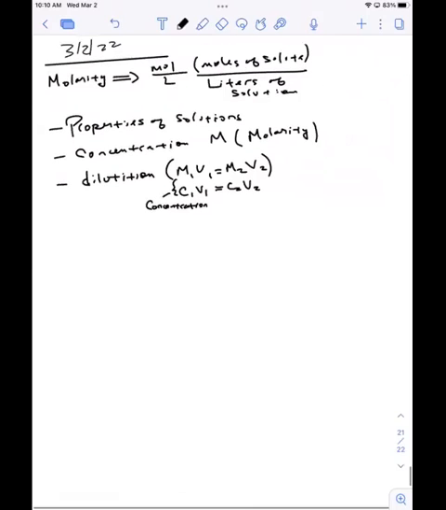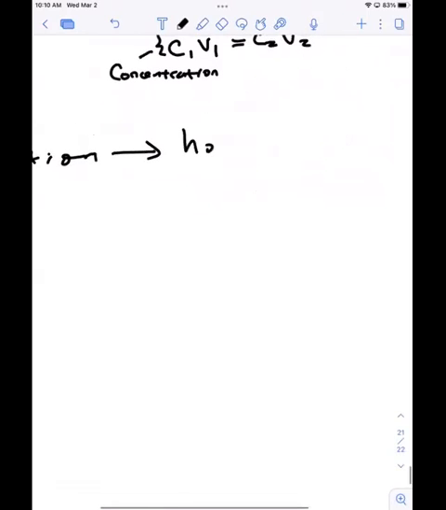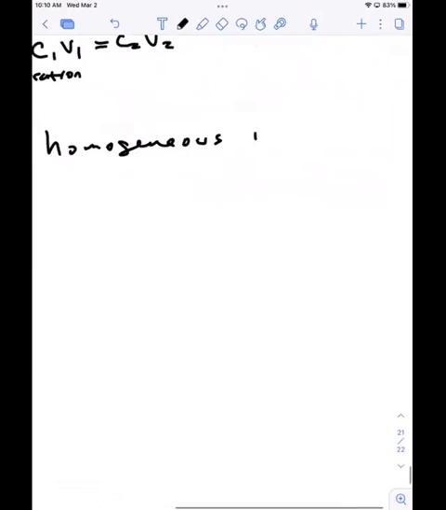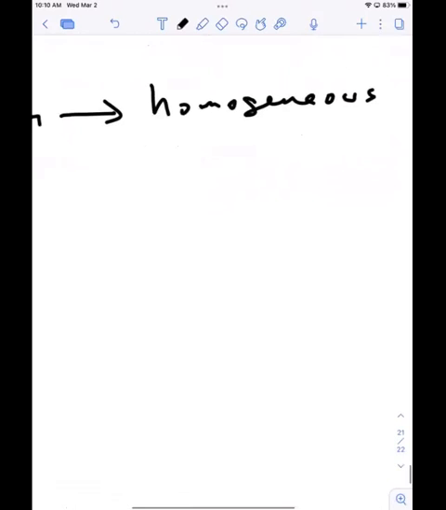So if we remember from when we first started talking about mixtures and elements and homogeneous and heterogeneous, when we talked about solutions, right? A solution is a homogeneous mixture, right? And the fact that it's homogeneous means that it is uniform throughout.